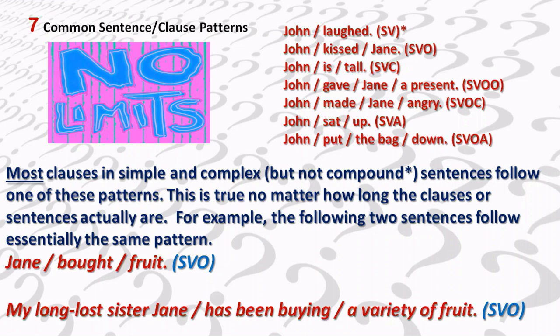A much longer sentence, but in fact it is exactly the same. It's SVO. The subject is my long-lost sister Jane, the verb is has been buying, and the object is a variety of fruit. Different sentences, different lengths of sentences, but they have exactly the same structure.